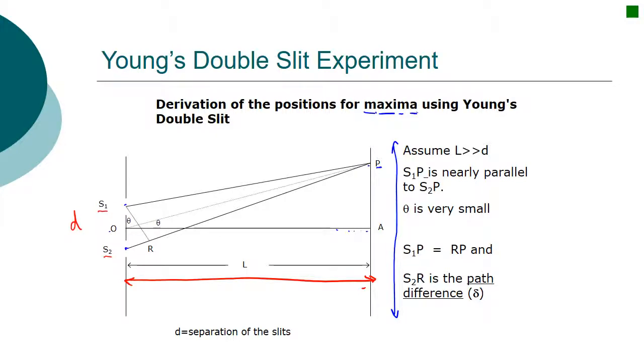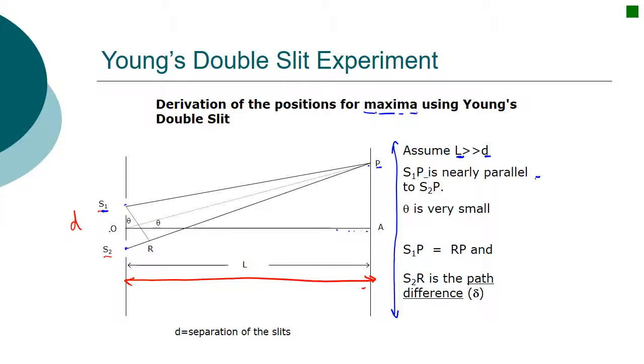Now, some assumptions have to be made here. The first one is that L is much larger than distance d. So our screen is much further away than our two slits are apart. That's really important to note. The next part is S1P.